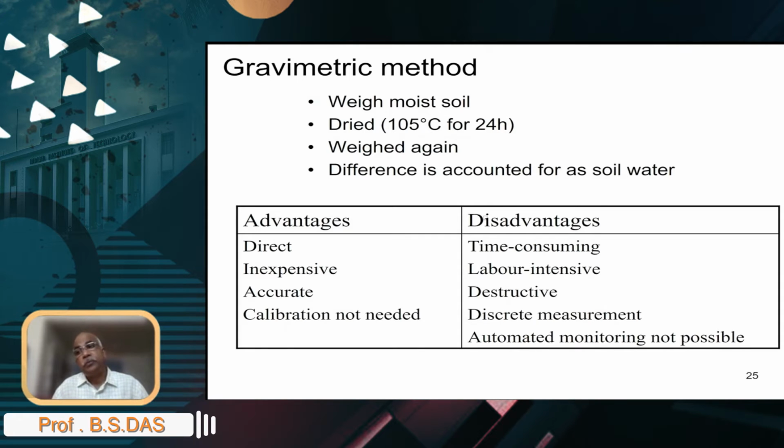So you need to be very careful about collecting the sample and putting it in sealed or airtight containers, so that there is no loss of water. Therefore there are certain limitations, but overall you can think of this as the standard method against which all other indirect methods are compared.